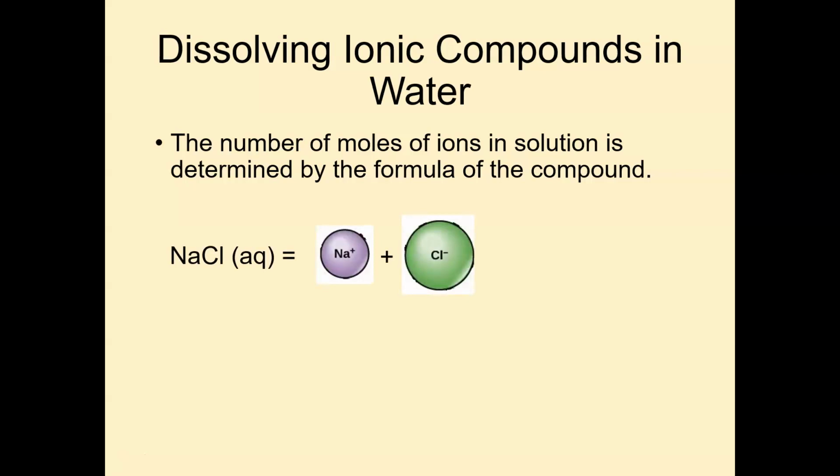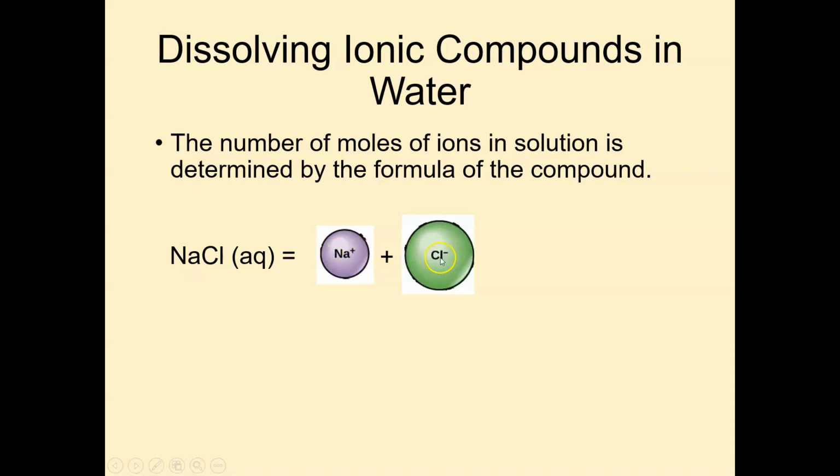First of all, this is a repeat of what was on the previous page. Aqueous sodium chloride, if it's a mole of sodium chloride, consists of a mole of sodium ions and a mole of chloride ions, all separated from each other. The sodium is separated from the chlorides, and within that mole of sodiums, all of the ions are separated from each other.